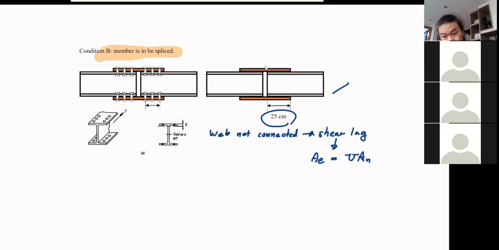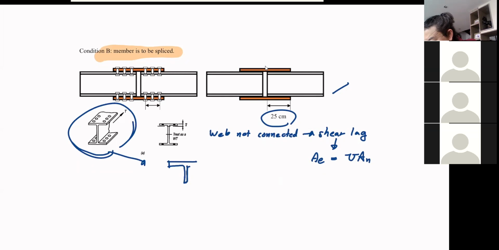When you have this condition, they recommend that you treat this as two T's put together. So we can look at this as two T's: one T like this, and then another T like that.